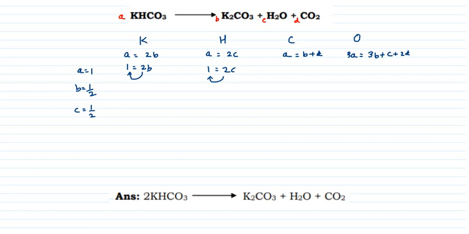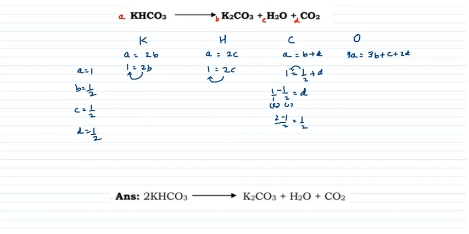Now take A is 1 plus B is 1 upon 2, 1 upon 2 plus D. So 1 upon 2 will come here, 1 minus 1 upon 2 is your D. LCM is 2, 1 twos are 2 minus 1 upon 2, that means 1 upon 2. So D is also 1 upon 2. Now what do you require? A, B, C, D, everything you got.